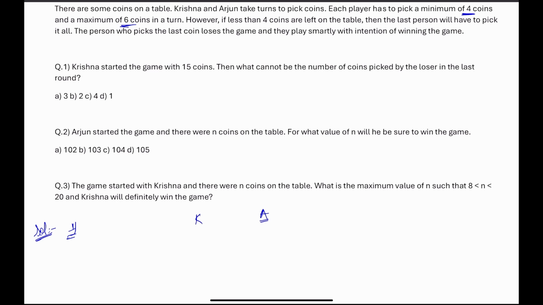So this line tells us the coins will be picked in this order. However, if less than 4 coins are left on the table, then the last person will have to pick it all. The person who picks the last coin loses the game, and they play smartly with the intelligence of winning the game. Okay, the same thing which I was repeating, that they both are smart.